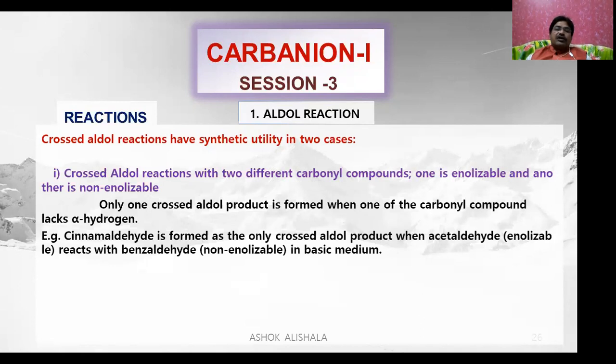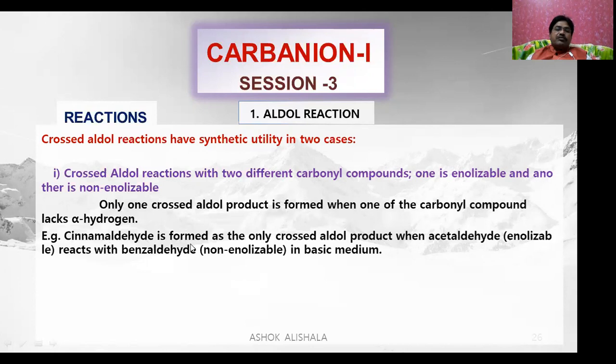In the crossed aldol reaction, we use two different carbonyls. One is enolizable and the other is non-enolizable. So that will be a synthetic use. Only one crossed aldol product is formed when one of the carbonyl compounds lacks alpha hydrogen.